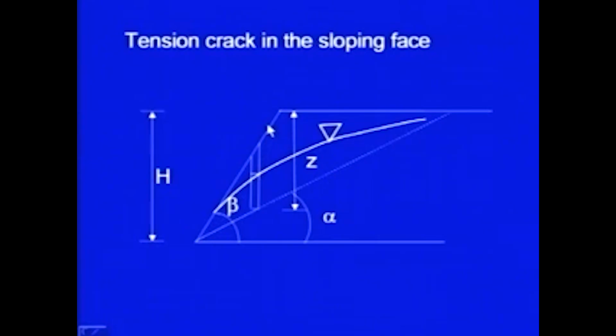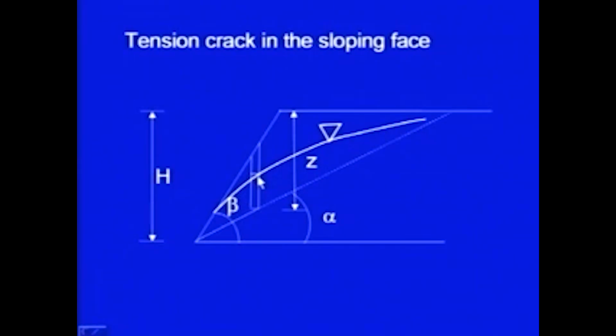So, this is the second case of the tension crack. This is the tension crack, this is the sloping face and this is the upper surface, and this is the joint plane or the bedding plane again at an angle alpha. Here is the slope face at an angle beta and the water table is there.